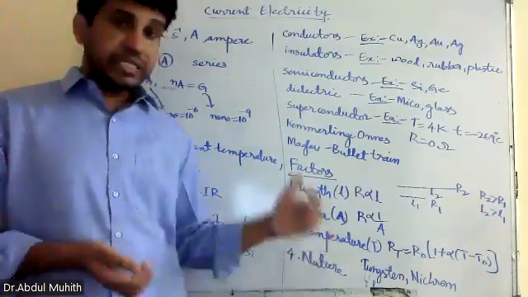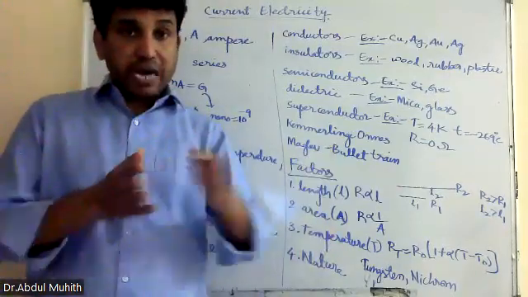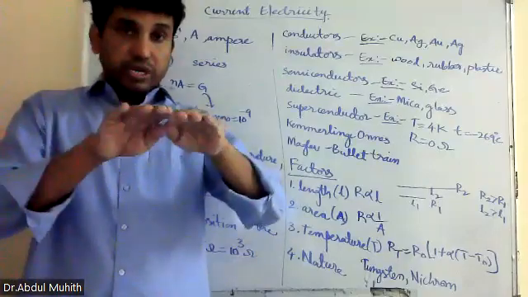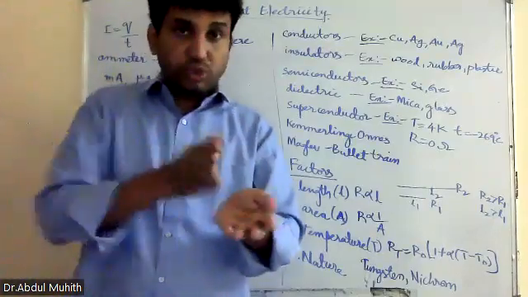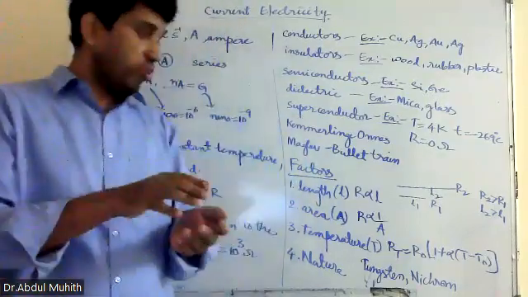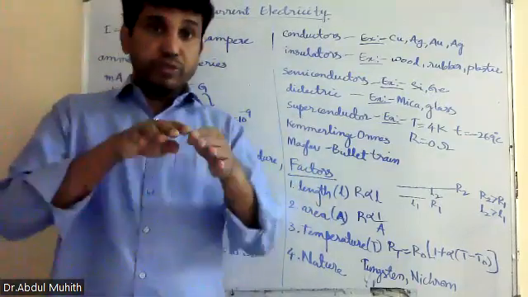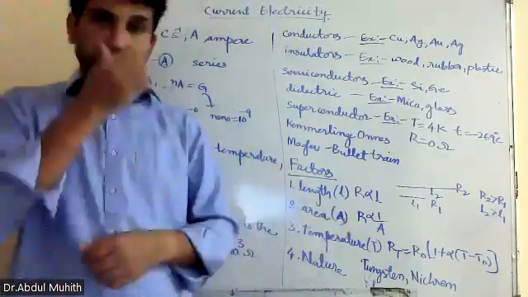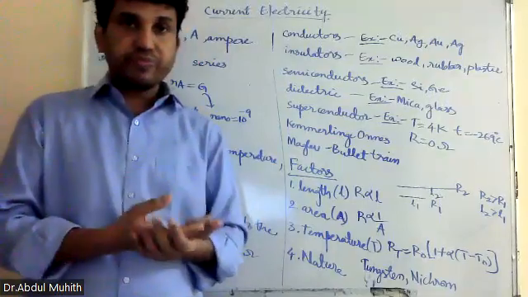Same thing: as the area increases, there are more paths for the electrons to flow. Generally the electrons flow on the surface area, not from inside. The more the surface area, the more electrons can pass. That is about area. Is that clear, all of you?